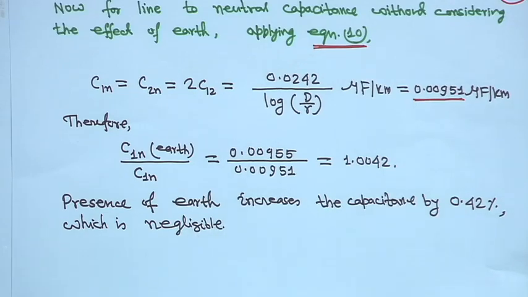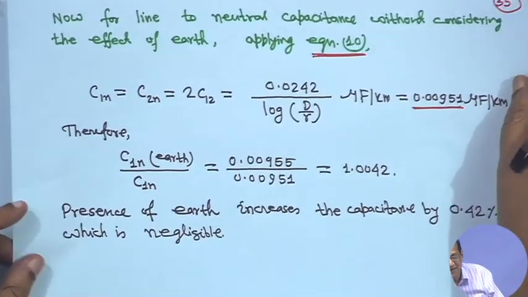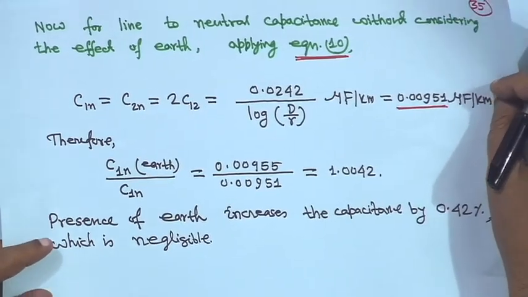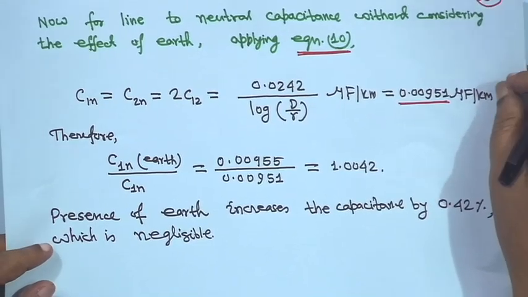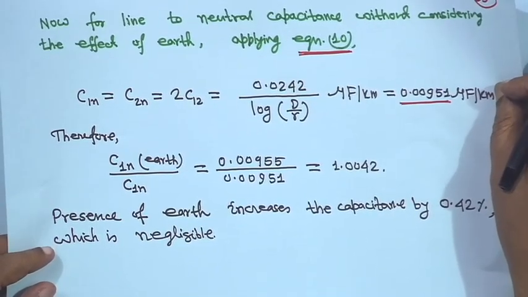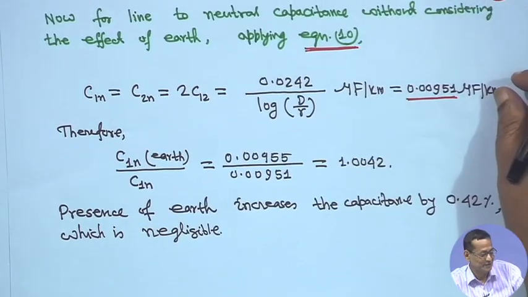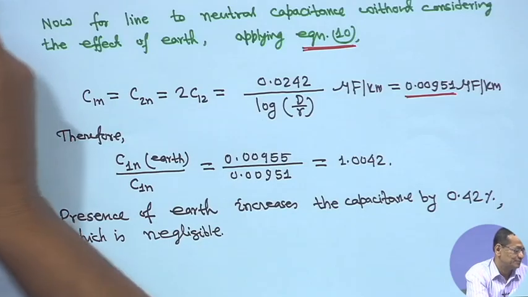The presence of earth increases the capacitance, but that increase is negligible. So, for all practical purposes of computing capacitance, one can ignore the effect of earth. Perhaps you will find similar findings for the 3 phase also. That is up to you. I have given that you should derive that.